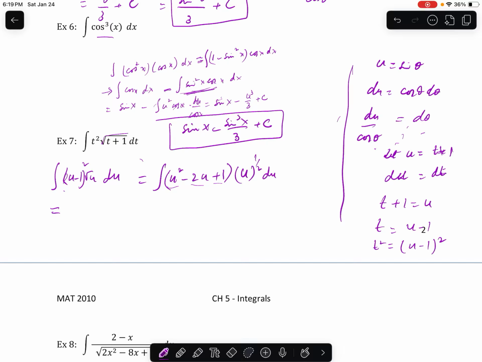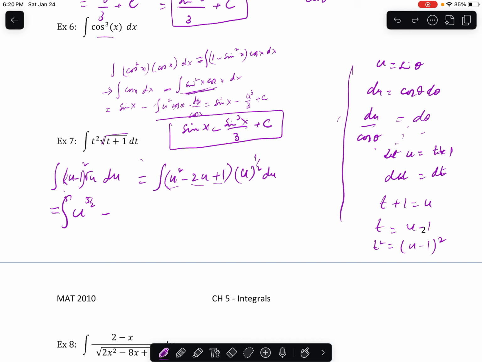First term becomes the integral of u to the 5/2, minus 2 times the integral of, I can take this out, or the other thing we could do is just keep it like this.